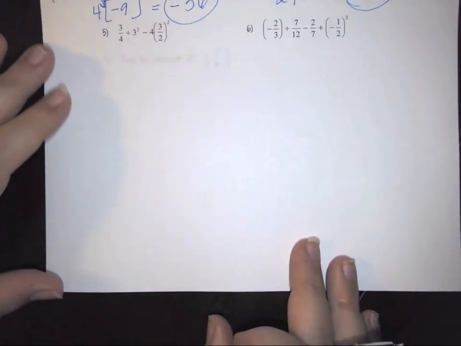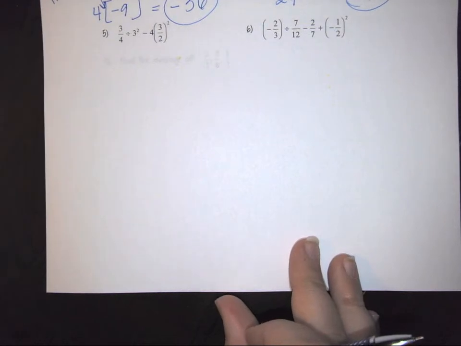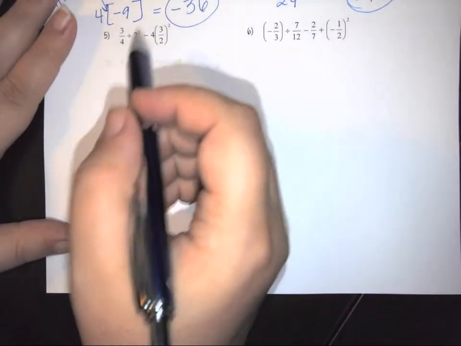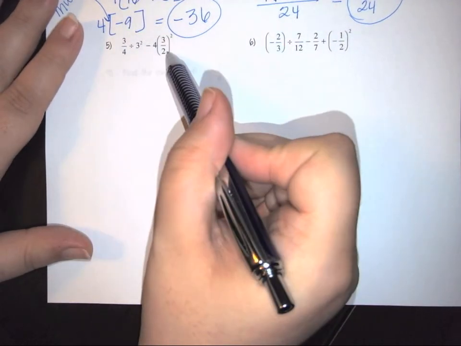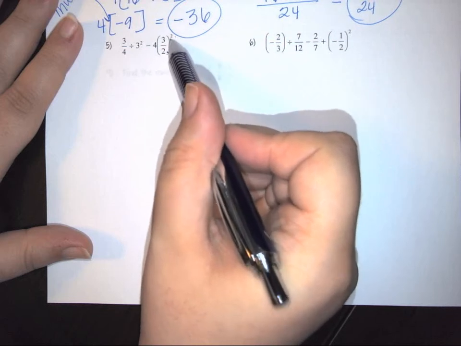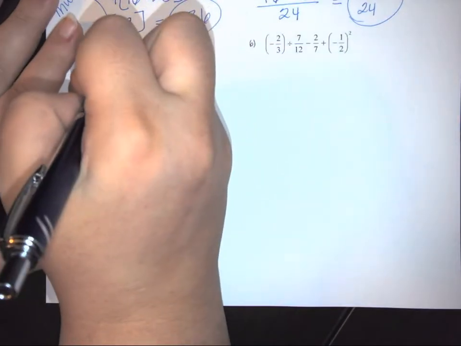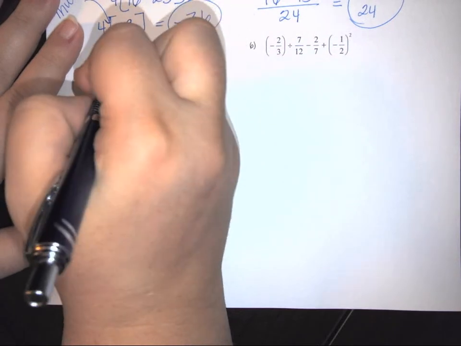Let's look at another fraction here. So again, I'm looking for parentheses, and I've got one. And in doing so, this parentheses has this exponent. So I've got my exponents to look at.